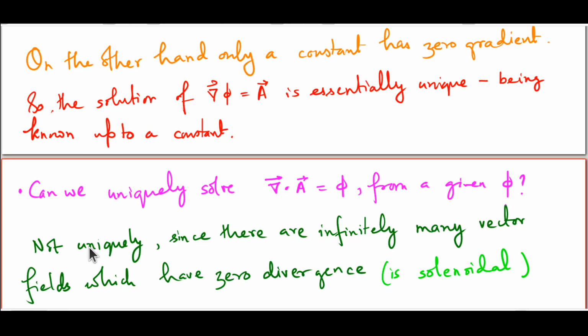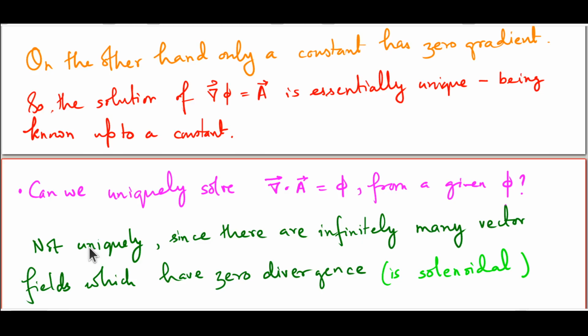A word about the nomenclature here. Vector fields which have zero divergence are called solenoidal. That actually is taken from magnetism, magnetostatics to be precise. The magnetic field is a field with zero divergence, and one of the most common ways of producing a magnetic field is using a solenoid, which is why all zero divergence fields are given this epithet, solenoidal.